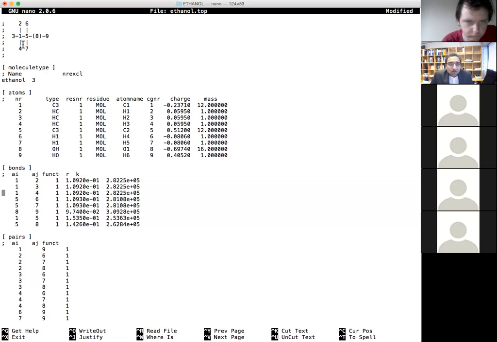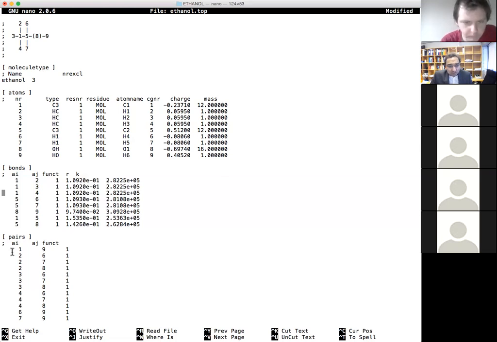However, for these pairs which are 3 bonds apart, such as 1, 9, 2, 6 and 2, 7, sometimes we need to scale the van der Waals and electrostatic interactions. And if we have to scale them, and this is a long history, we will not go into it. This is mainly empirical. So you run a simulation and you see, okay, the data that I'm calculating are not accurate, so I will try to scale my van der Waals interactions.